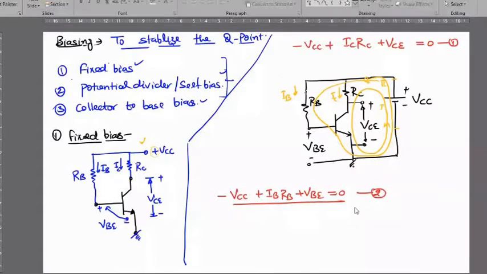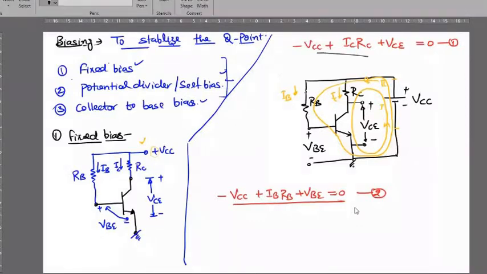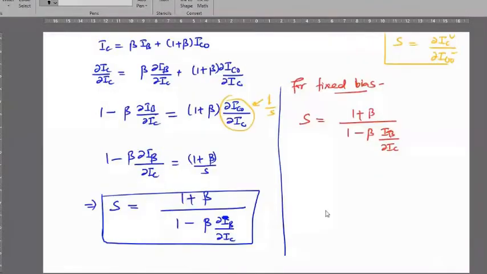So for finding the stability factor, we need to calculate this term del IB over del IC. So can I take equation number 2 from the fixed bias network?